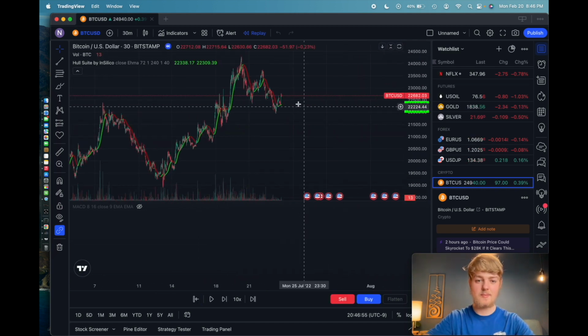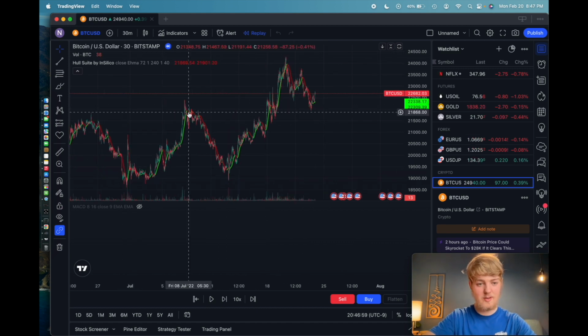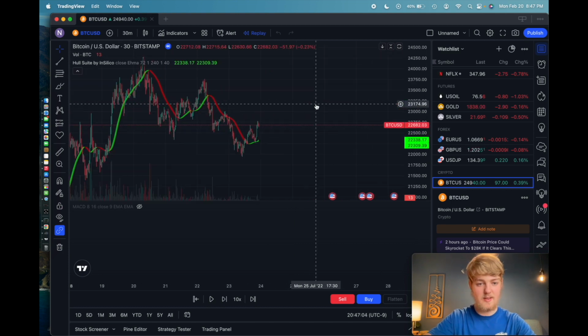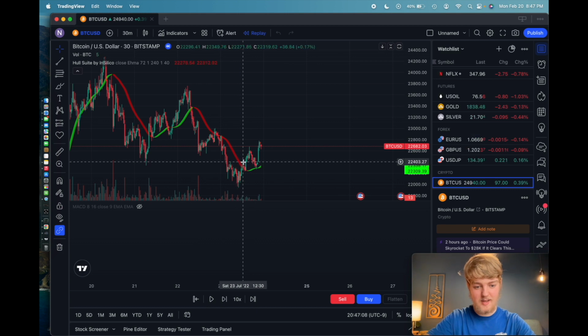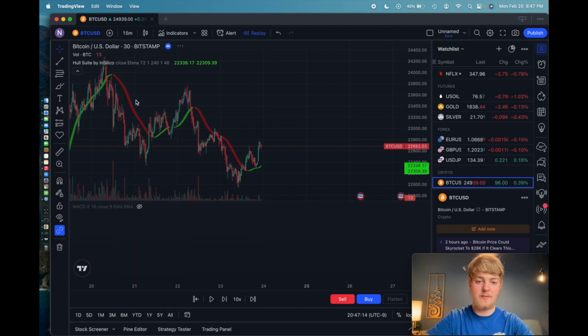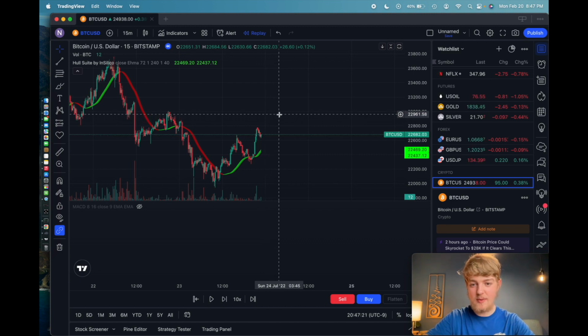So like here, if I zoom out, up, down, but let's see if I zoom in here. Well, this is 1 day. So for the 1 day, I'm on 30 minutes, I'm going to go down to the 15-minute chart. I probably would try to enter, like put a limit order right up at maybe 22,950 or 22,900.